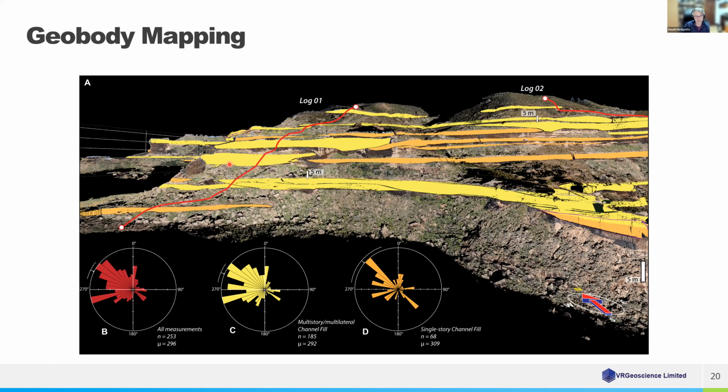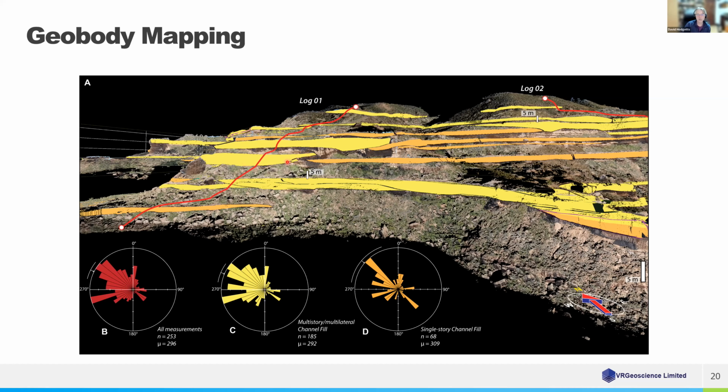The problem is working out what the channel orientation is. These are meandering channels. By their nature, the orientation changes along their length. Also, if you take paleocurrent measurements from a meandering system, you will find they go all over the place. They have a very, very high dispersion.